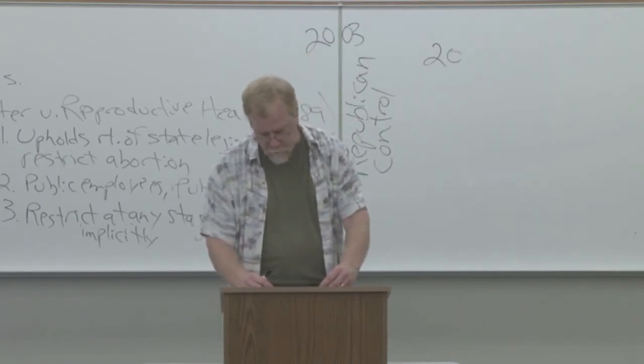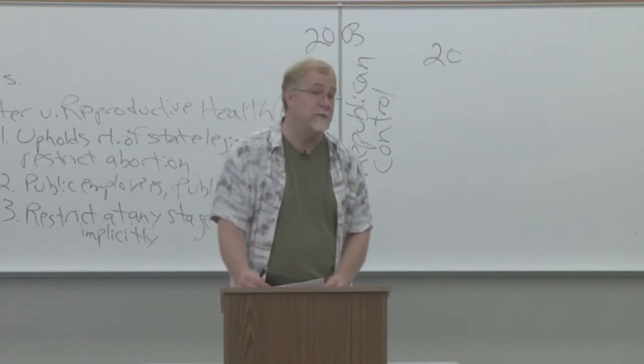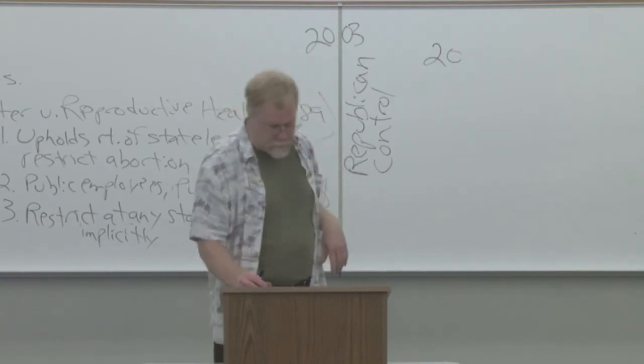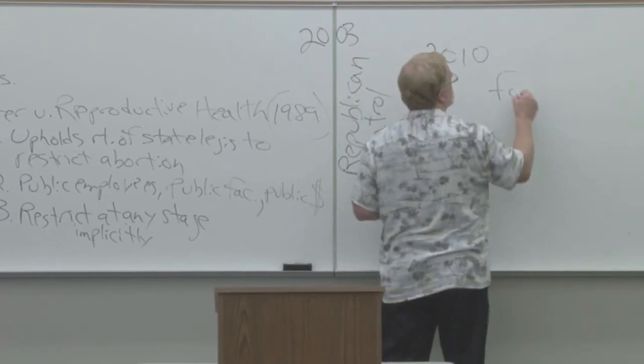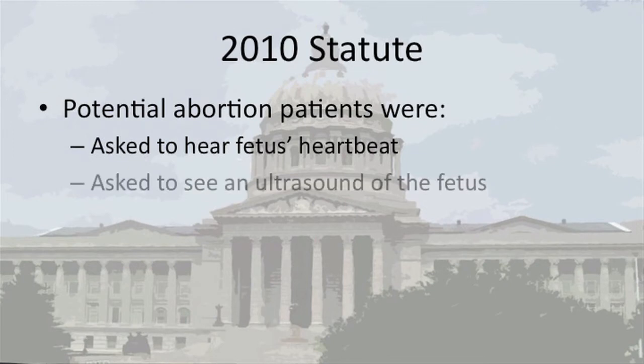Before a woman could get an abortion in the state of Missouri under the 2010 statute passed by the legislature, they must first be asked if they want to hear the fetus's heartbeat. That's number one. Number two, be asked if they want to see an ultrasound of the unborn child.